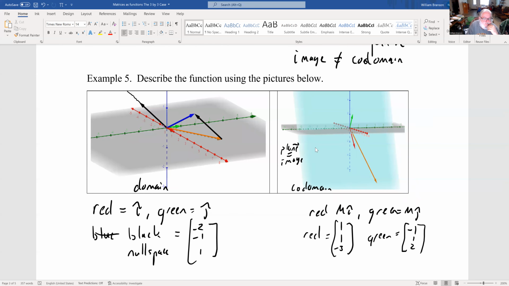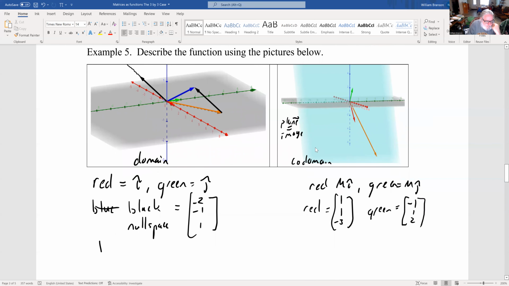And I'm not going to draw it in because it'll make the picture messy. There's enough stuff there as it is. So take some random vector v, and that's my blue vector here. And I can break that up into something times i, the red vector, plus something times j, the green vector, plus something times the null space vector, right?